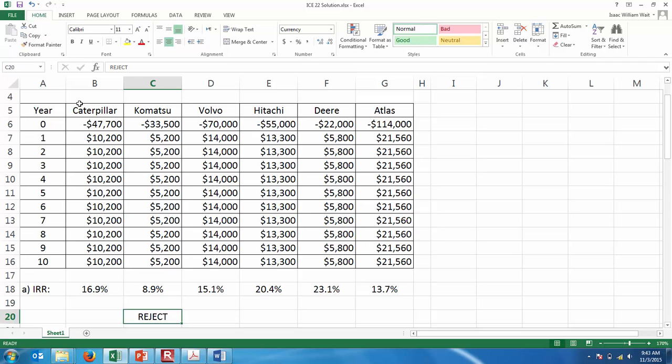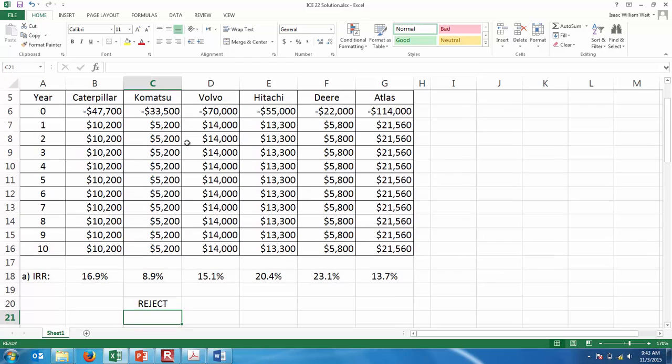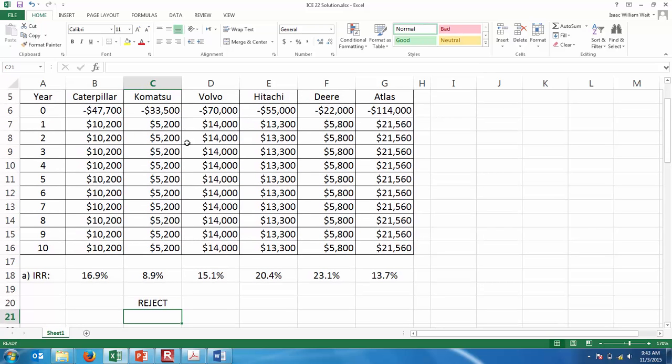So when we do the incremental analysis, we want to sort them from cheapest to most expensive. And the reason why is always go with the cheapest option unless there's some reason to spend the extra money. And that's what we're finding in this analysis: is there any reason to spend the extra money? So we're going to start with the cheapest and then look at each additional cost to find out if it's justified.